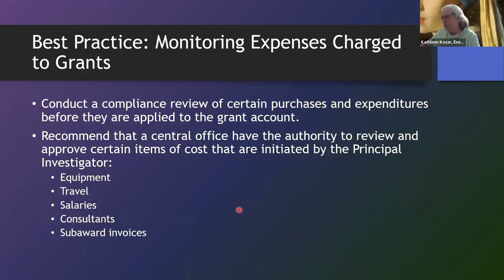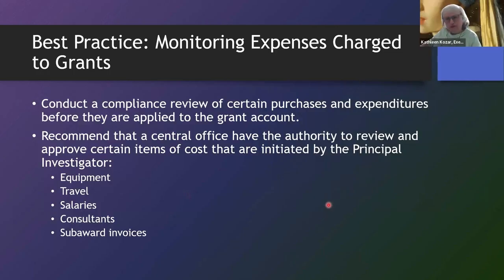We're looking to make sure that these items, of course, are compliant with federal regulations. We're looking to make sure that the budget, the remaining balance in the grant account, can support these activities and these expenses. We're also looking to make sure that travel and salaries, for example, are in compliance with our own university policies that we have to comply with.